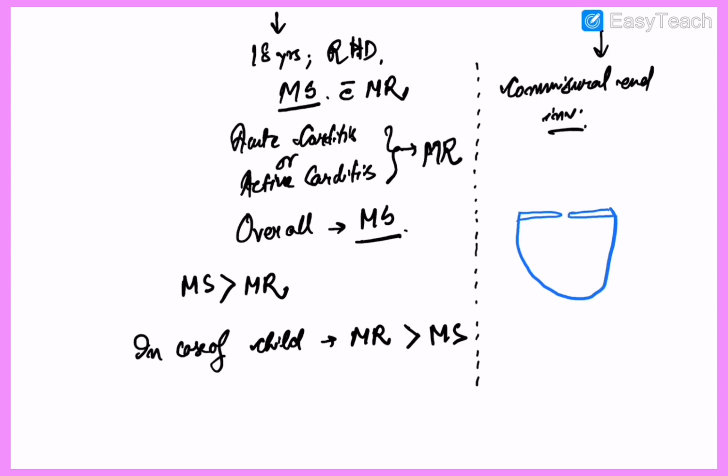We can find Aschoff nodules in the upper and lower surface of the valve leaflets, but the most common area for the nodules is the valve commissural points, at the end points, the tip of the valves.